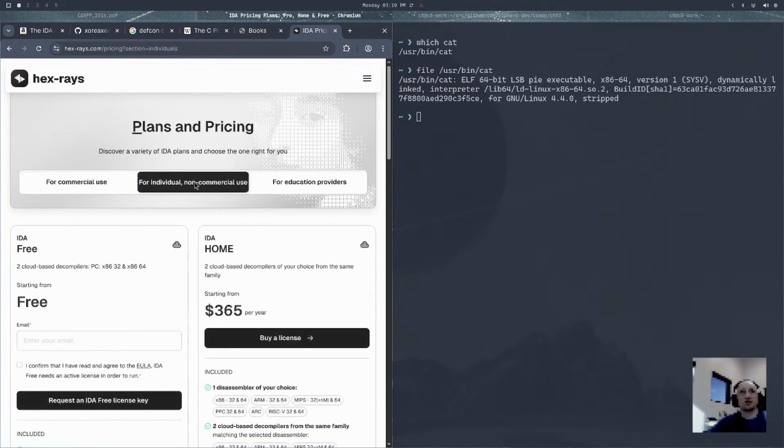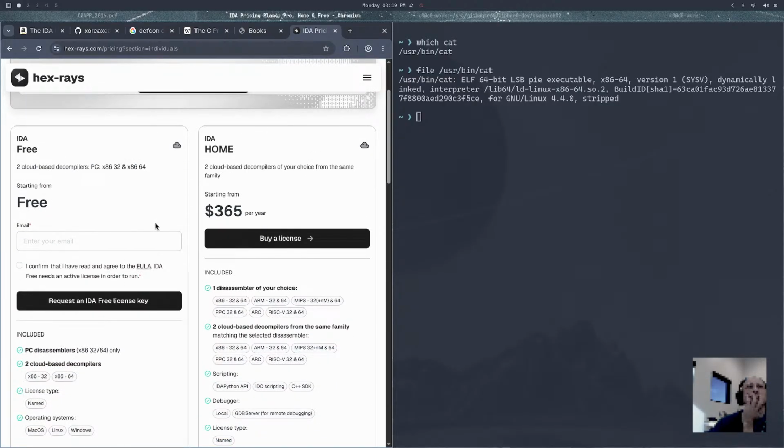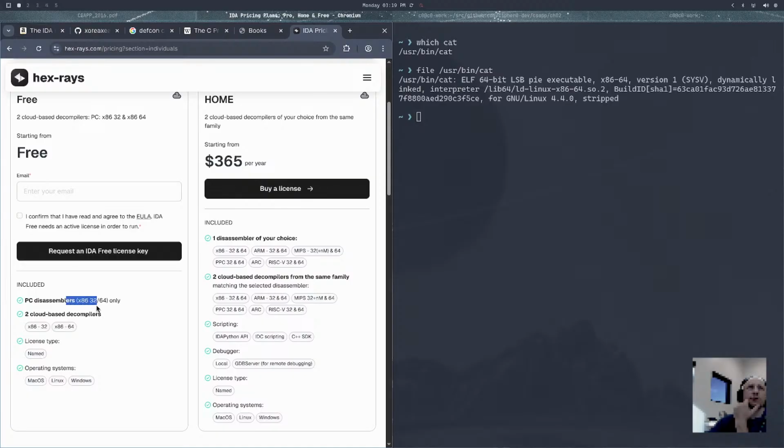I guess I can do individual non-commercial use. There's IDA Free, and then there's IDA Home. You get the x86 32 and 64-bit disassemblers, no ARM, on any Mac, Linux, or Windows.